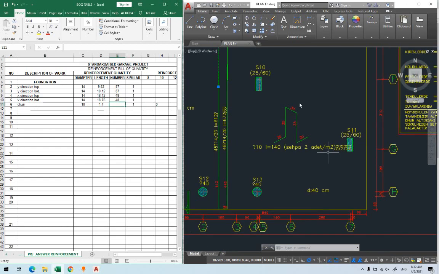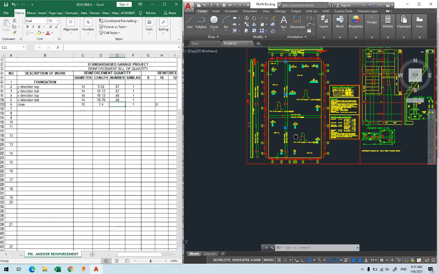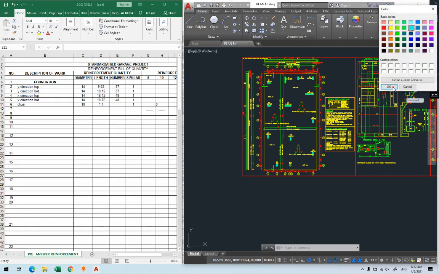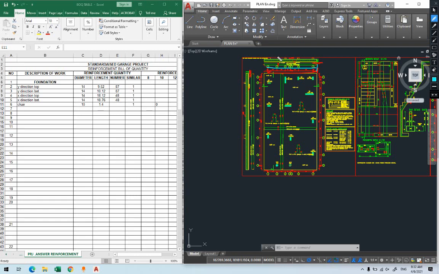So I need to know the dimension of the foundation, which is 9.6 by 17.5, which we calculated before. So if you multiply these together, you will get meters square.